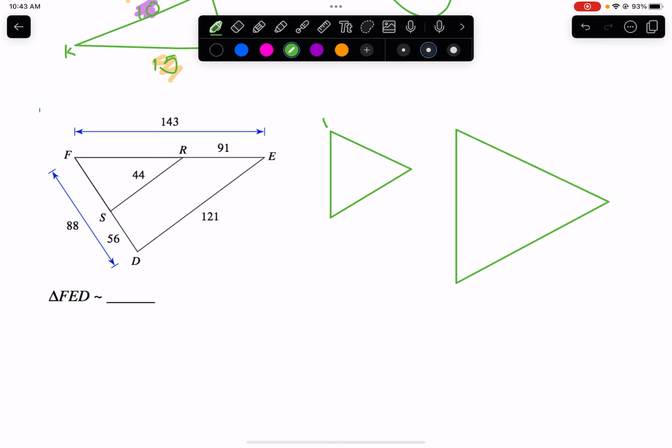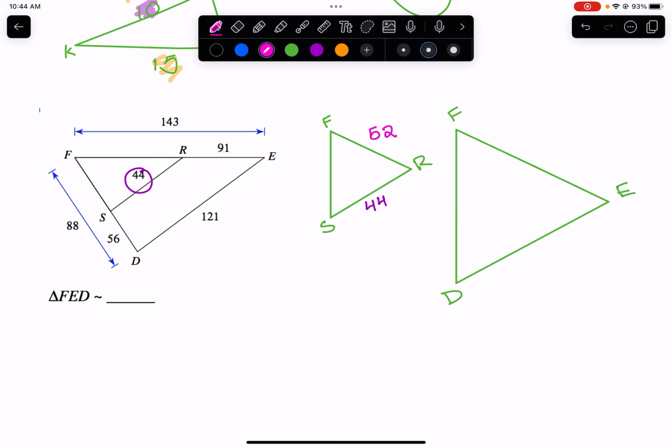So our smaller triangle is FRS. Our larger triangle is FED. So let's label. The bottom here is 44. From here, our side is going to be 143 minus 91, which is 52.